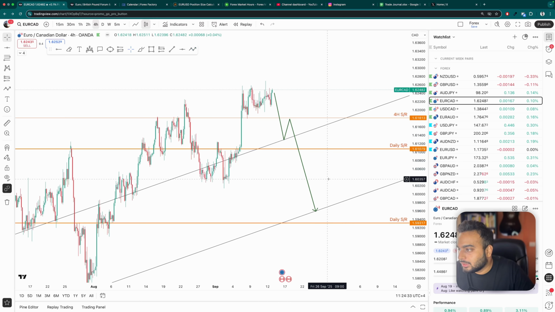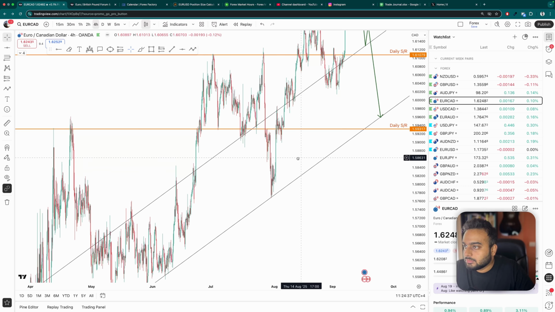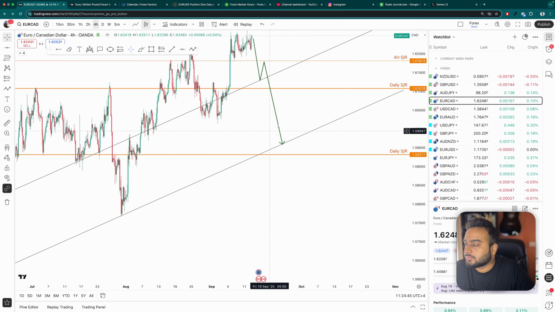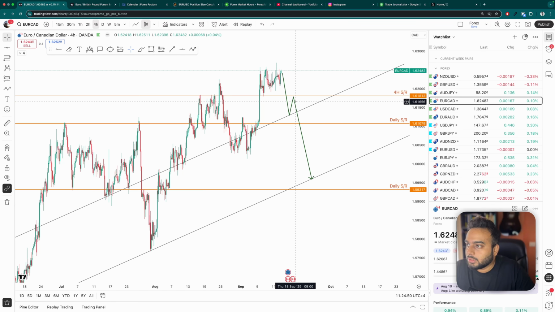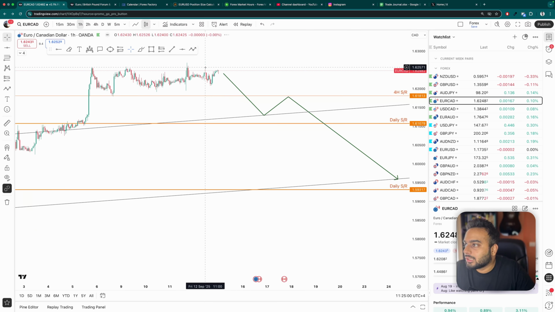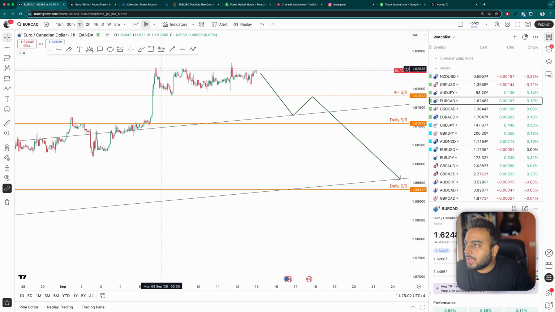This looks nice as well. Mainly I want this support broken. And even on the smaller time frame, I see a retest and moving down. I'll be happy to enter this trade. Reason being, on 1 hour we have this swing high and then a little bit broken.